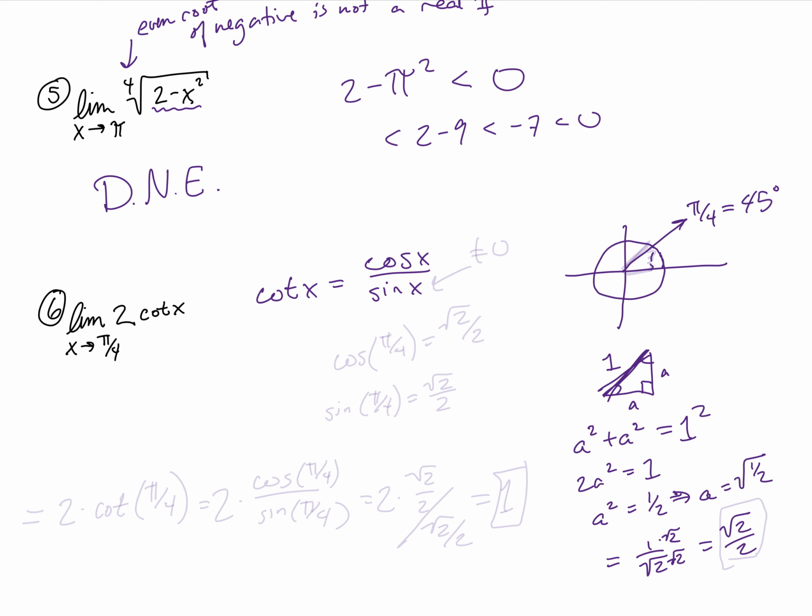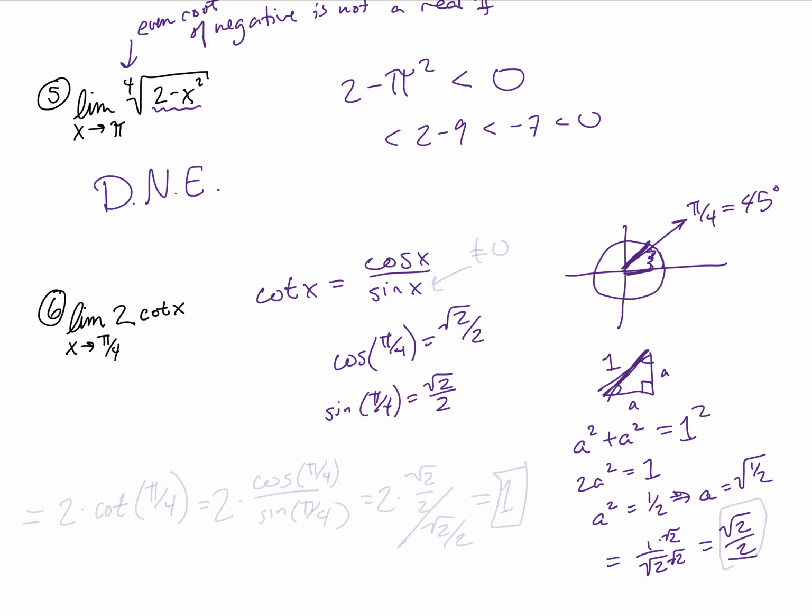Okay, so that tells us that cosine of pi over 4 is square root of 2 over 2, because cosine is the adjacent over the hypotenuse, and sine of pi over 4 is also square root of 2 over 2, because sine is the opposite over the hypotenuse.